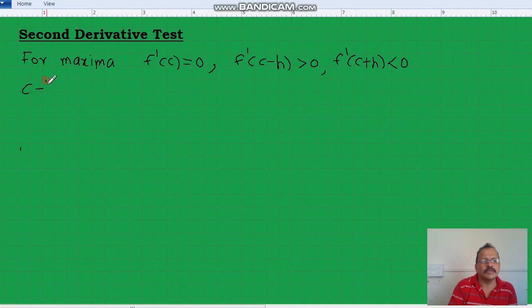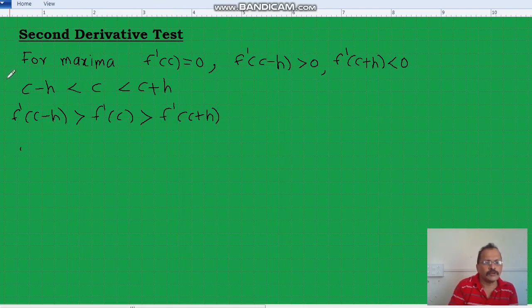Observe here, c minus h is smaller than c is smaller than c plus h, but f dash c minus h being positive is greater than f dash c, which is 0. This is greater than f dash c plus h, that is less than 0, therefore we have this relation.